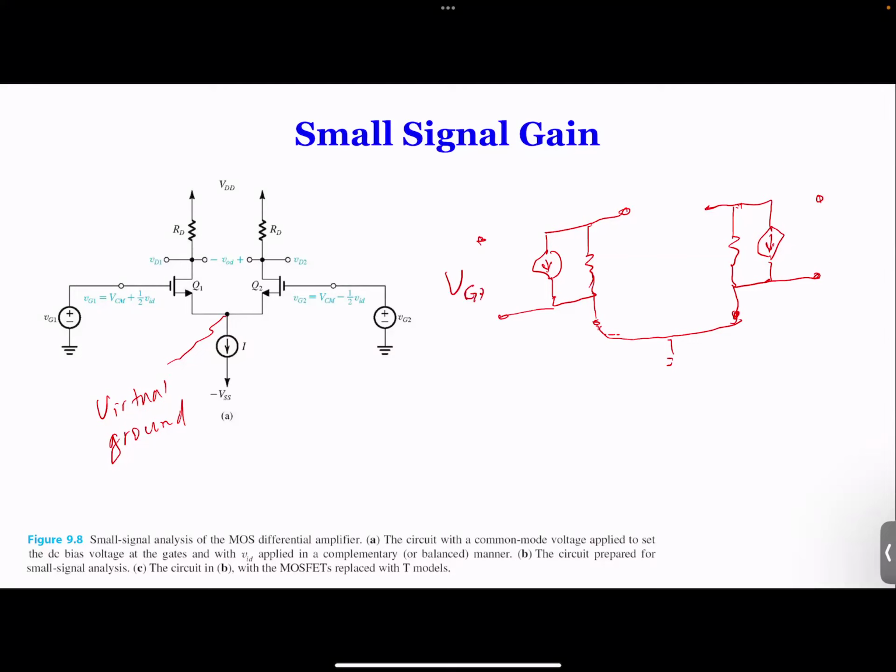Okay? So here to here is VG1, VG2 is the input. And here you have GM1 times VG1 and RD here, RD there, and this GM2 times VG2, and this VD2, this VD1, from VD2 to VD1, we call VO. Since we make a virtual ground, it's very easy to calculate VD1 and VD2.